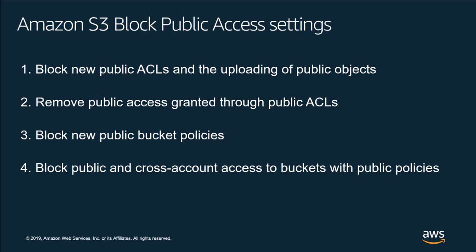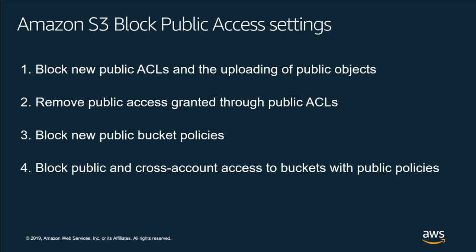The first one blocks the uploading of any new public objects with a public ACL. It does not change any existing objects in your buckets, but it prevents any new objects from being uploaded that have public ACLs. The second one removes the public access granted through public ACLs for your existing objects.